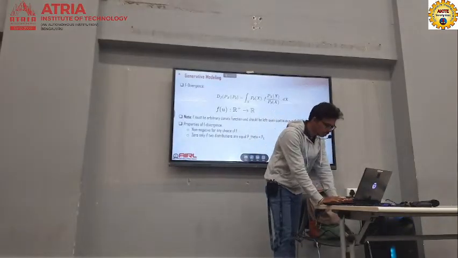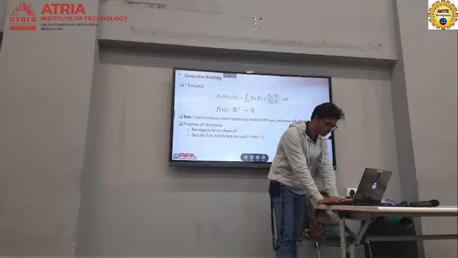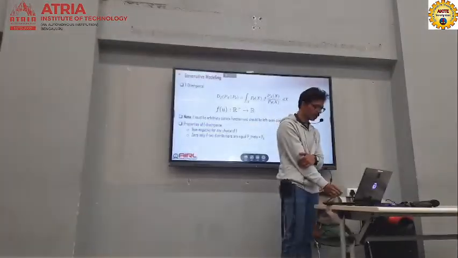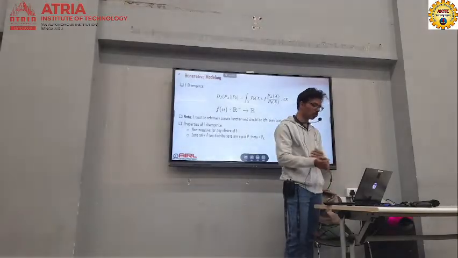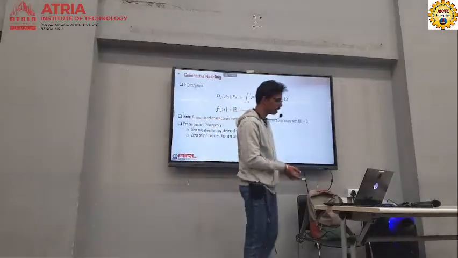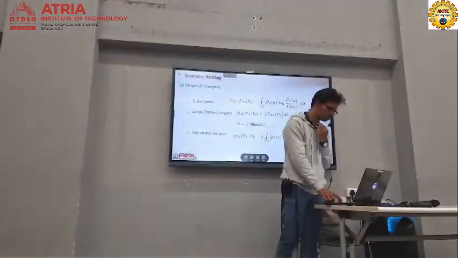Properties of f-divergence include being non-negative for any choice of F, the arbitrary function, and zero if and only if the two distributions are equal, that is, if P theta equals Px.